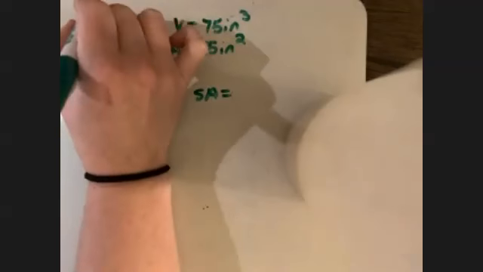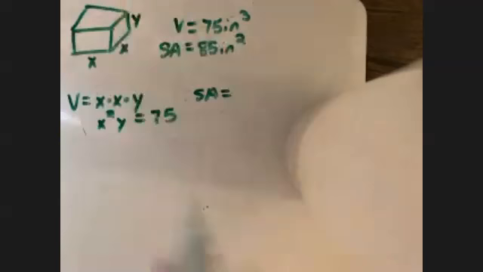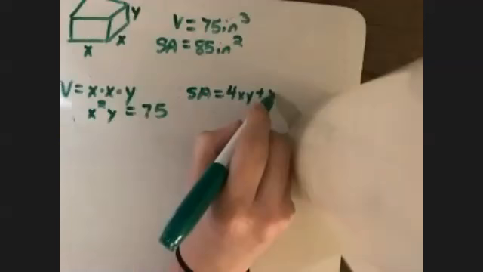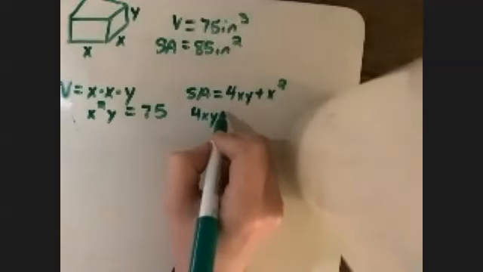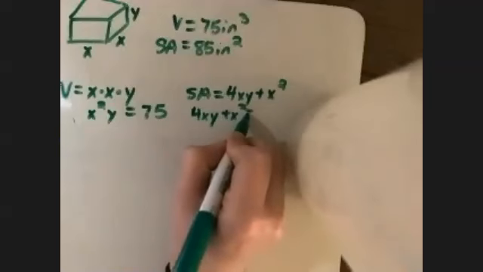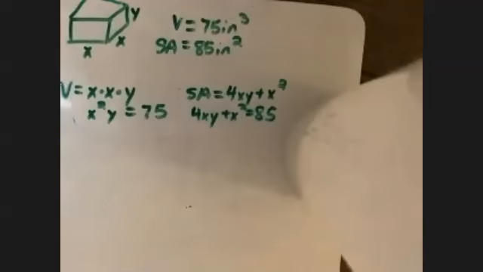It is a full box, y'all. So that's going to be 4xy plus the bottom, which is x squared. And we know that 4xy plus x squared is going to be 85.